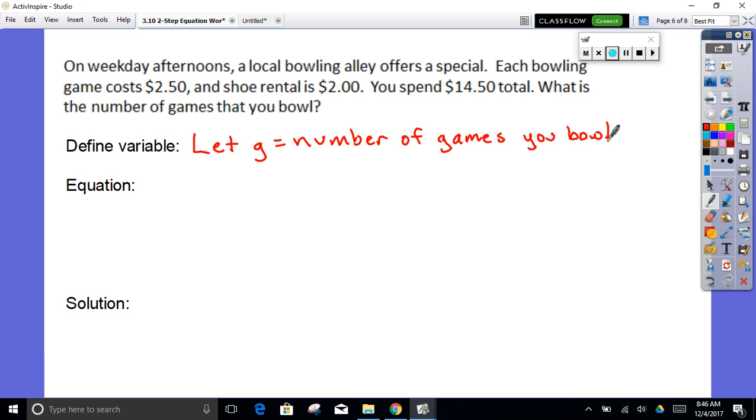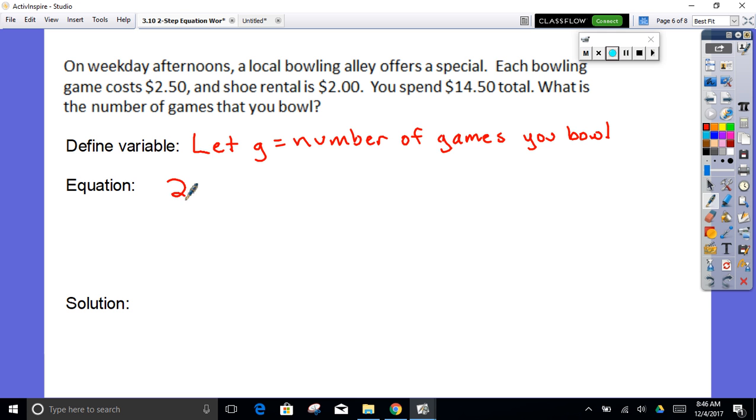Okay, how about the equation, McKenna? I did 5.50 G plus 2 equals 14.50. Wait, 5.50 G? It should be 2.50. Where'd you get 5.50? Oh, I meant to. Okay.